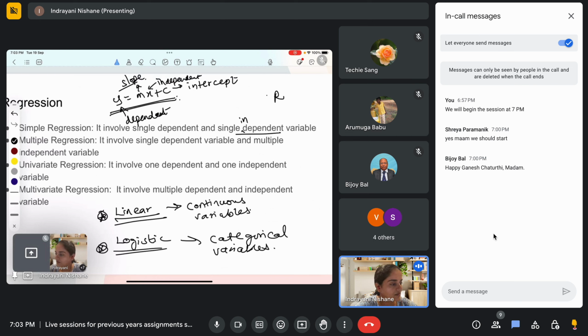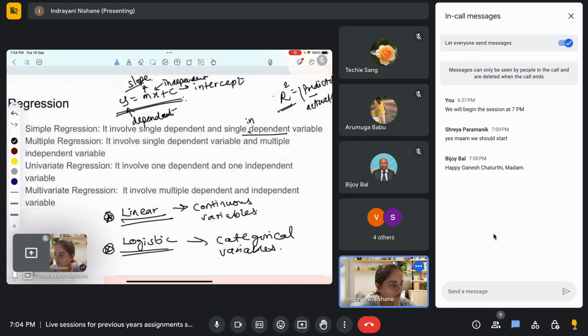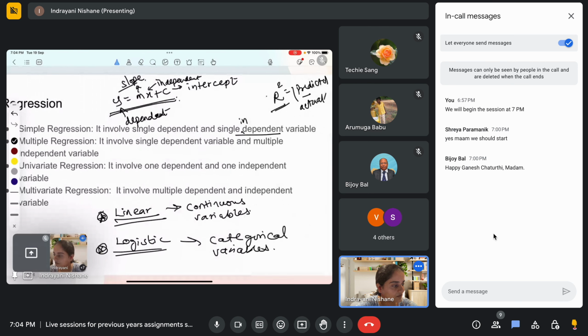I'll write it down. We discussed this in detail in the clustering module, so I have not included it in the slides, but we'll for sure discuss it when the question comes up. Predicted minus actual, the whole square.